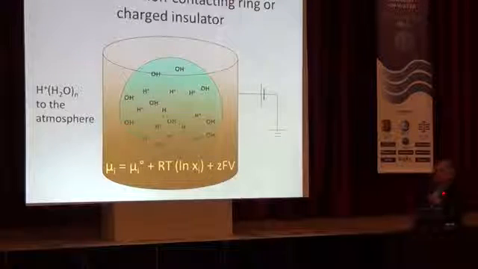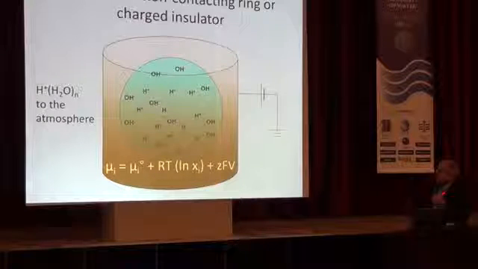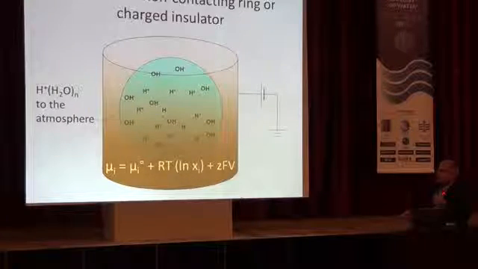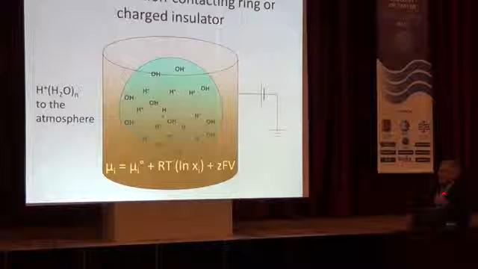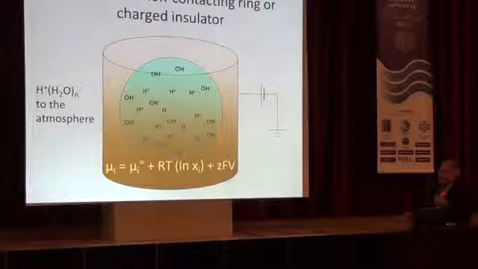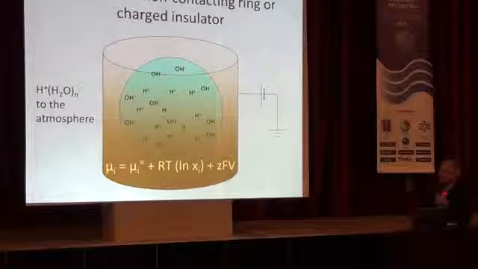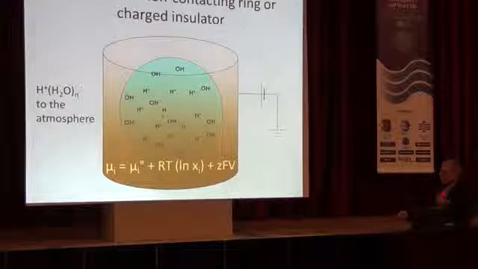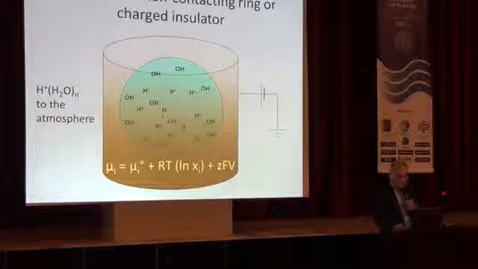But when water passes through without contacting the metal, then we don't have the possibility for direct electron transfer, but we have the possibility for exchange of ions with the atmosphere, with the water following the electrochemical potential equation.